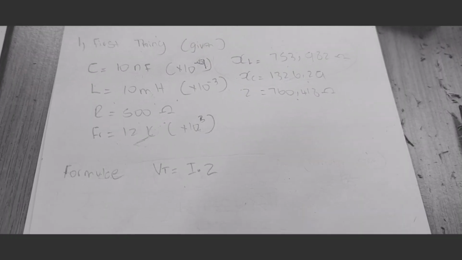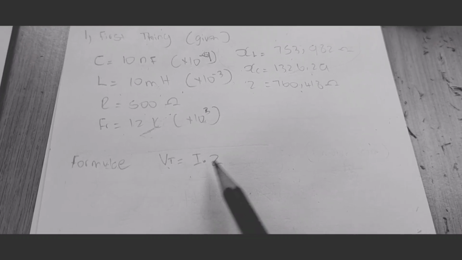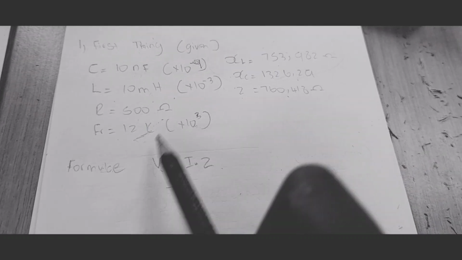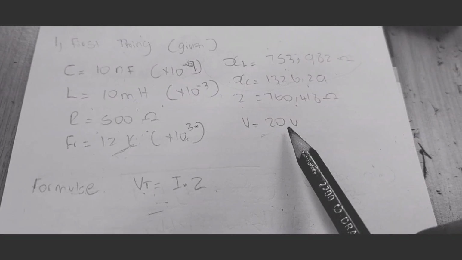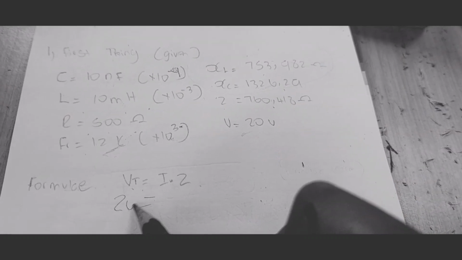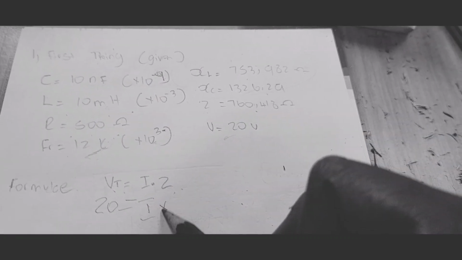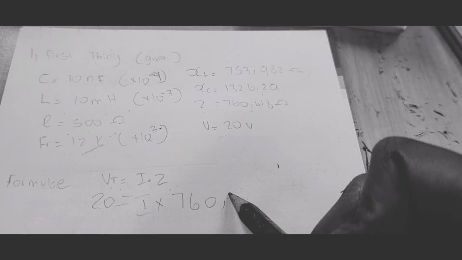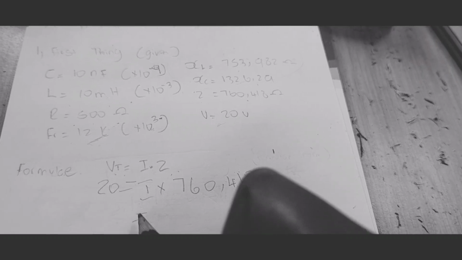Now we calculate the supply current. The formula will be given on an exam. Just know how to apply it. Total voltage is current times the impedance, in which we already just calculated the impedance. So we're looking for the total current. The total voltage, they said it was 20 V. So 20 equals current, which we don't know, times the impedance, which is 760,418 ohm. Let's substitute now.